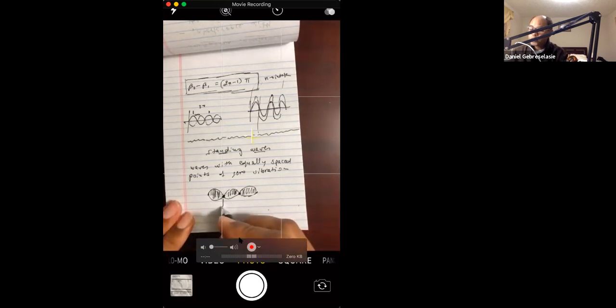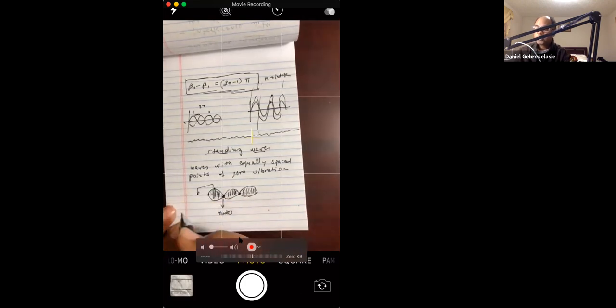A wave with points of zero vibration separated by equal distances. Now, these points of zero vibration are called nodes. These points of maximum vibration are called antinodes, okay? The maximum points are called antinodes. The minimum points are called nodes.